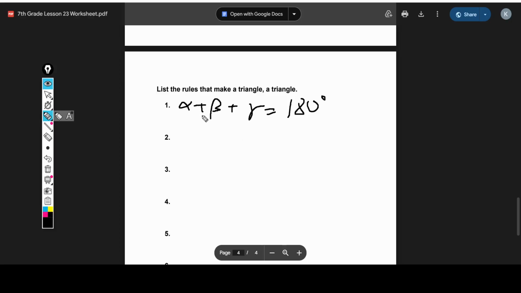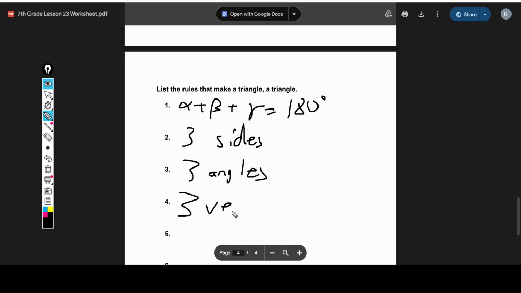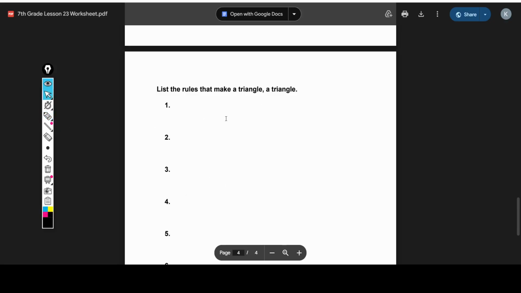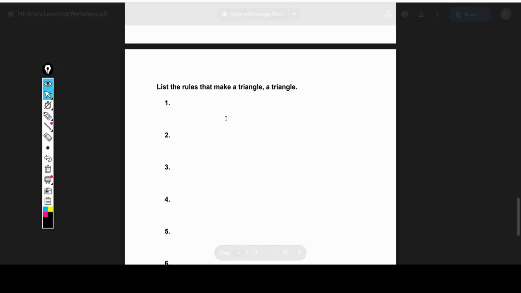The most basic rules would be that it has 3 sides, 3 angles, and 3 vertices. And then you can continue by saying what I said before about how the sides must add up. The shortest sides added must be greater than the longest side.